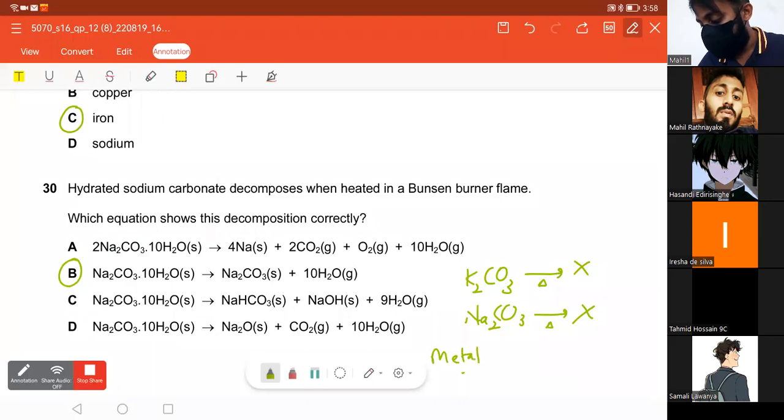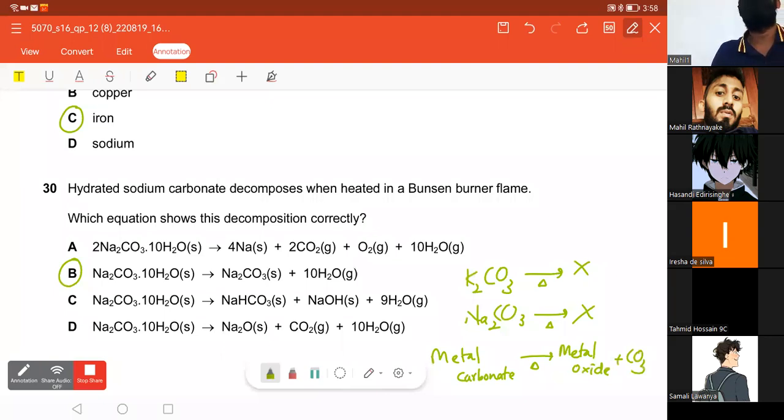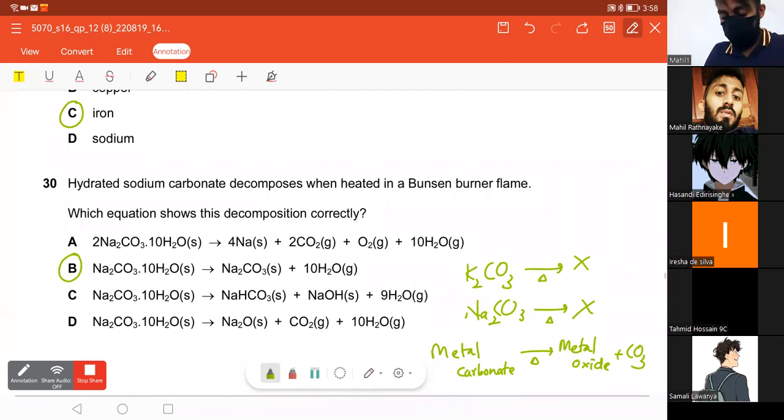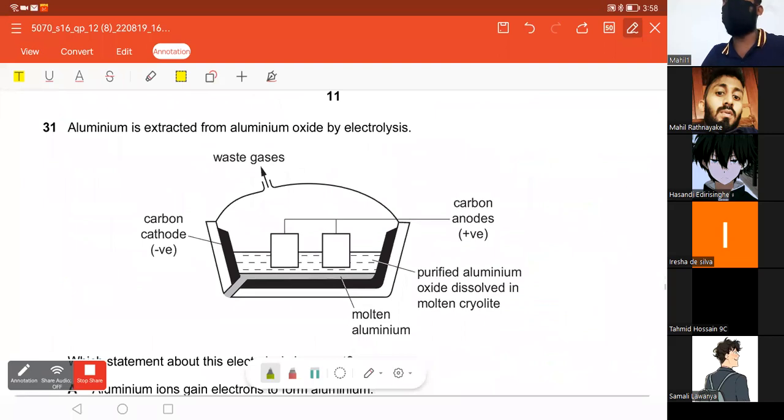Other metal carbonate, when it decomposes, what will form? Metal oxide and carbon dioxide. And I told you silver carbonate. Silver carbonate decomposes and forms silver oxide and carbon dioxide. Silver oxide again decomposes to form silver and oxygen. I taught you everything. Okay. Therefore, answer is B.